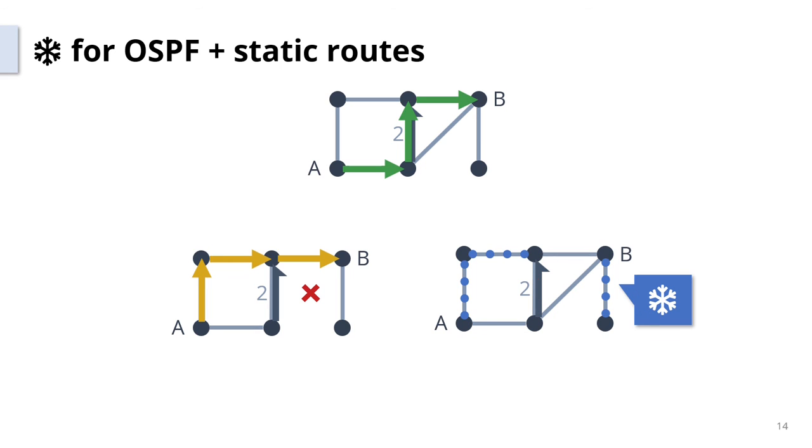By taking the complement, we arrive at the following 3 cold edges. Any failure of these cold edges will not change the forwarding graph in this example. Note that the set of hot edges is generally an over-approximation. It is not guaranteed that a hot edge failure will always change the forwarding graph. In contrast, it is guaranteed that a cold edge failure will not change the forwarding graph.